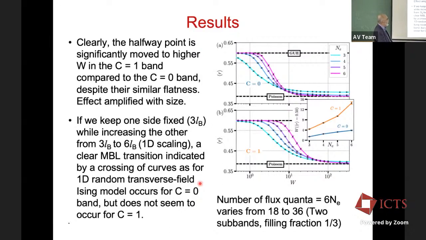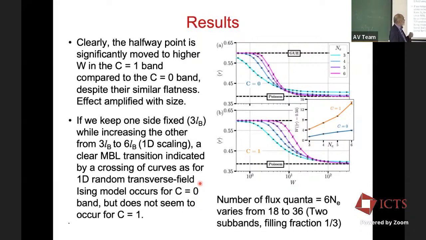And what it says is that the Chern 0 band seems to show a transition in this one-dimensional geometry. Okay, so this is really a one-dimensional rather than a two-dimensional problem, at a disorder that is at least an order of magnitude less than for the Chern 1 band, even though the two bands are pretty similar looking. And the crossing for the Chern 1 band, you could say, is yes, it's there or not.